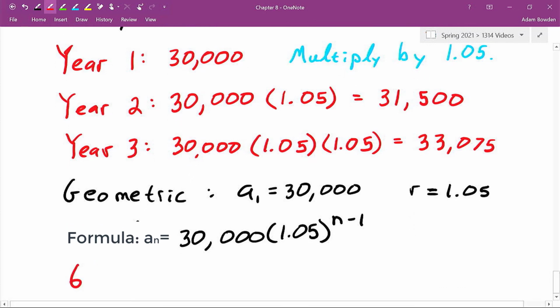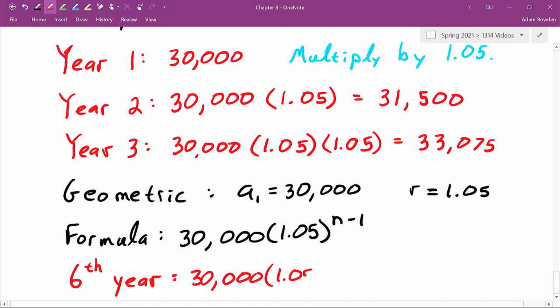And it asked for what it would be in the 6th year. At this rate, we can calculate that by 30,000 times 1.05 raised to the 6 minus 1 power. I calculated that and rounded it off to the nearest cent to $38,288.45.